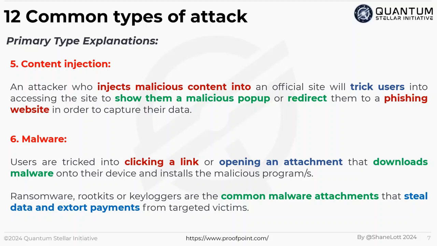Or the hijacker gets control of that, then they try and back attack from that level. There's also ransomware, rootkits, which are a package of programs that can be deployed, or keyloggers, as I said, that steal the data and export payments from targeted victims.